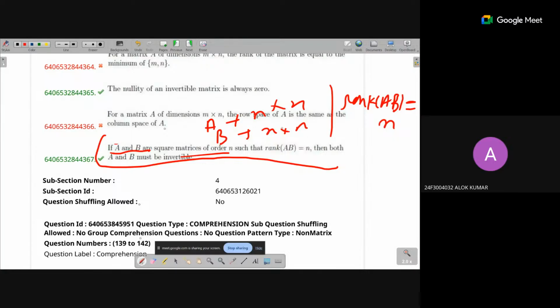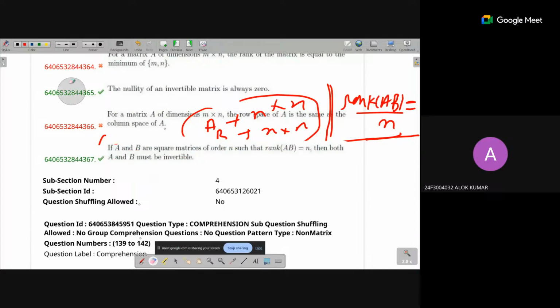So it is saying that A and B are both square matrices of order n, both n cross n, and that the rank of AB is n. Then both A and B must be invertible matrices. So it is claiming that A and B must be invertible. Is this right? Anybody, how to approach this question?